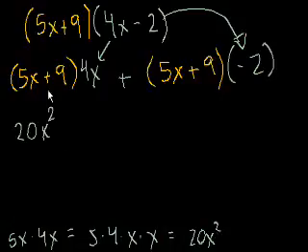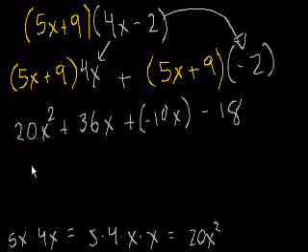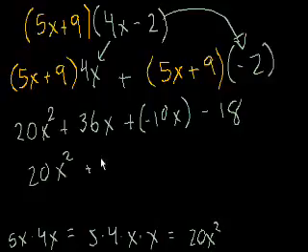So going back to the problem, 5x times 4x is 20x squared, plus 9 times 4x is 36x, plus minus 2 times 5x, so that's minus 10x, and then 9 times negative 2, well, that's minus 18. We're almost done. So we get 20x squared, and we have 36x minus 10x, so that's plus 26x minus 18. There, we're done.